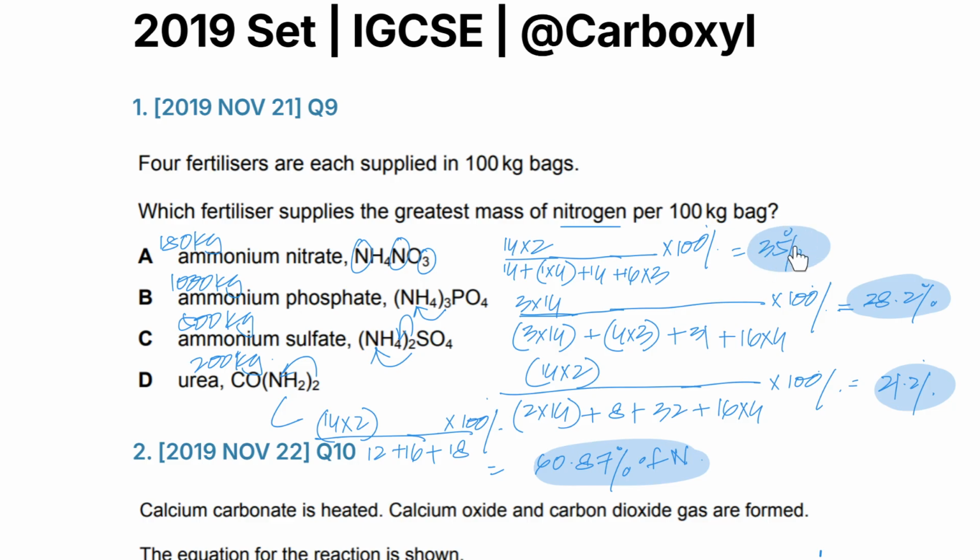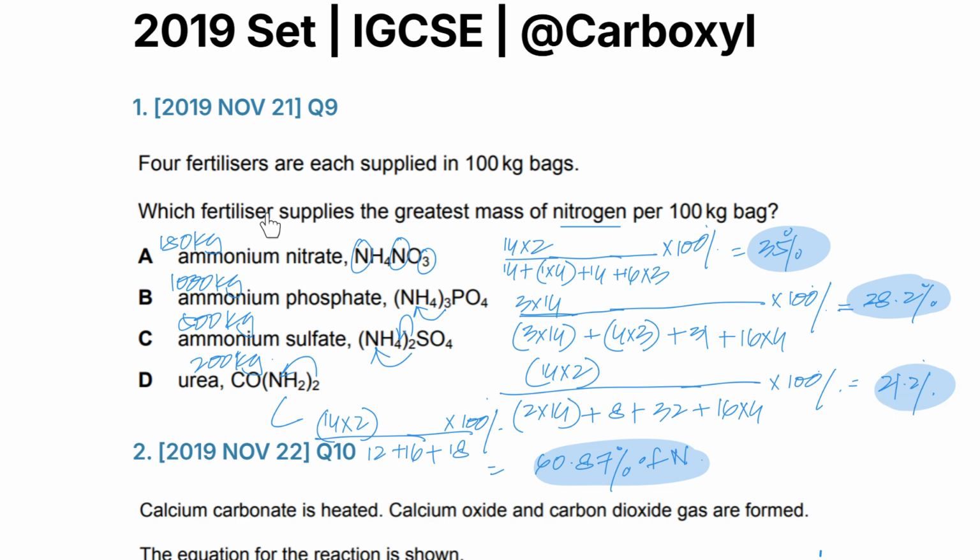So if you have 35%, you would multiply it with 180 kg to get the kilograms of nitrogen in 180 kilograms. If you have 28.2% of nitrogen by mass, you would multiply it with 1000 kilograms to get the kilograms of nitrogen, obviously. So if you had 500 kg of this entire thing, you would multiply it with the percentage by mass of nitrogen to get the kilograms of nitrogen.